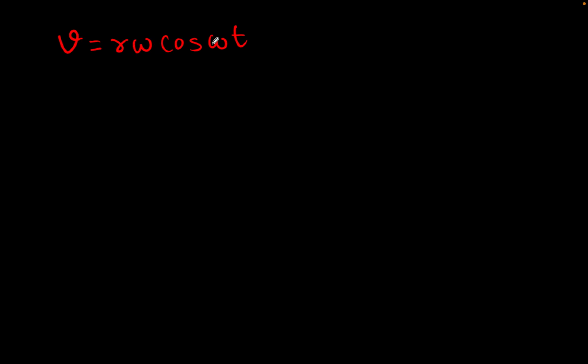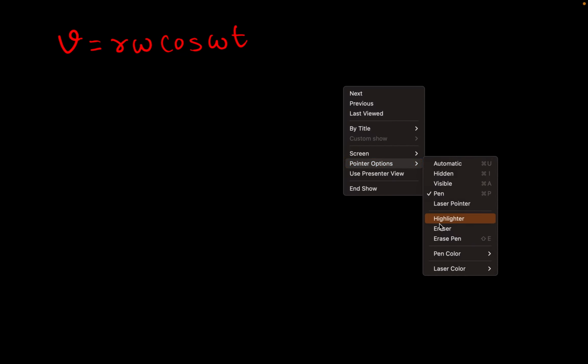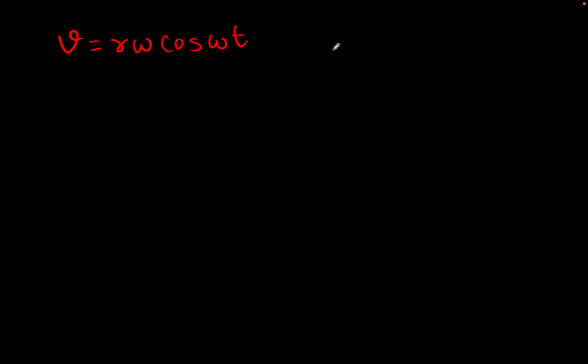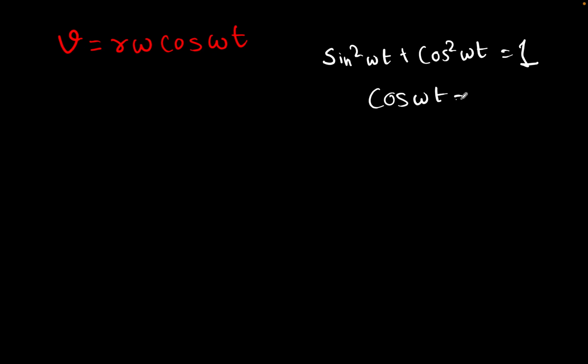Now we know that we can change cos to sin, because sin square omega t plus cos square omega t is equal to 1. Then we know cos omega t is equal to the square root of 1 minus sin square omega t.